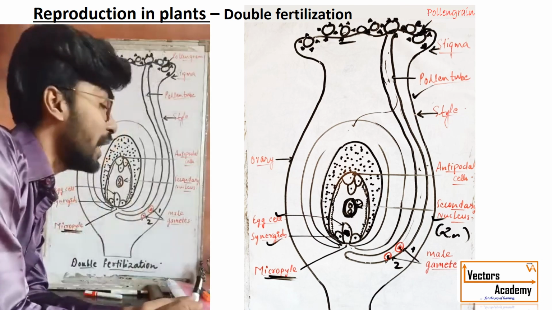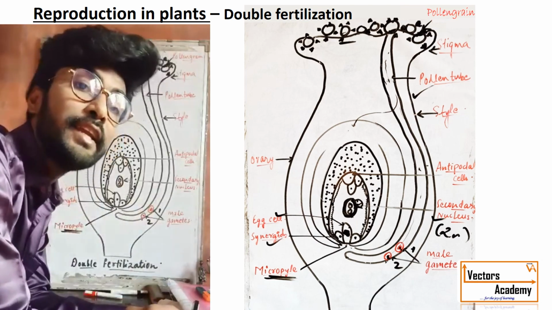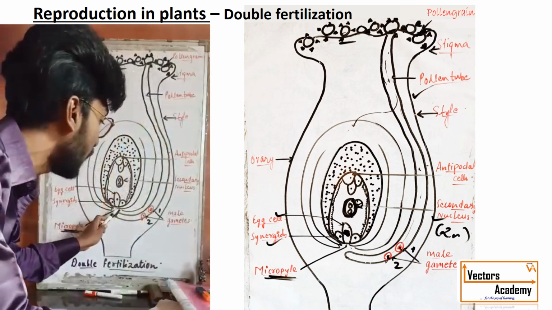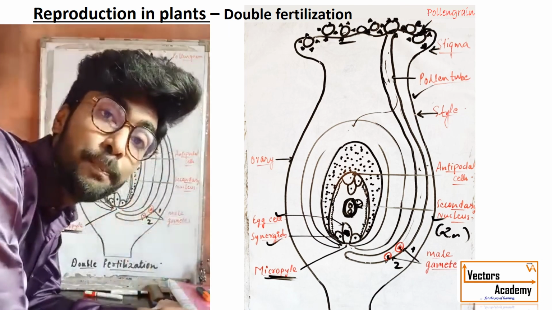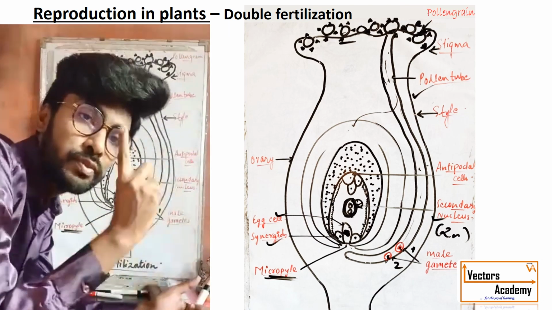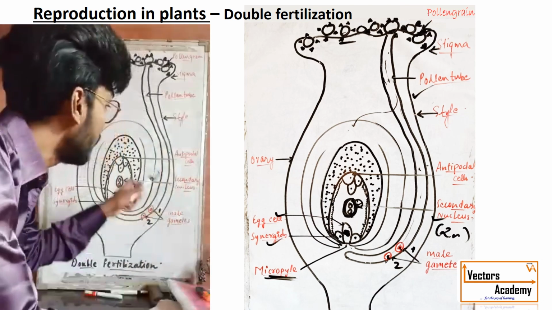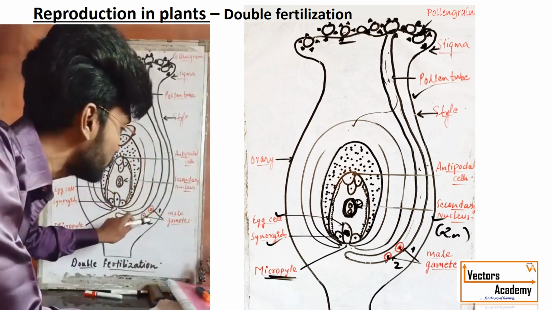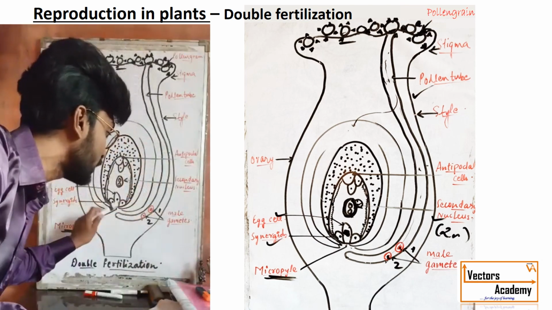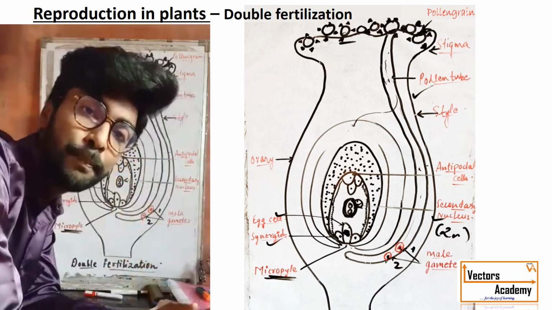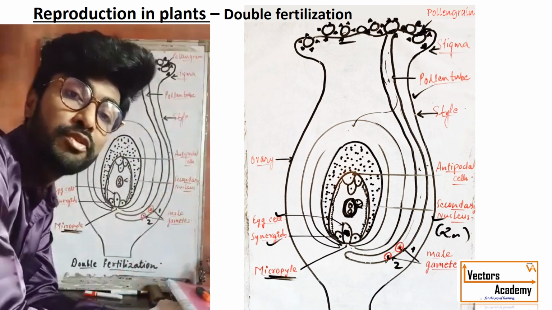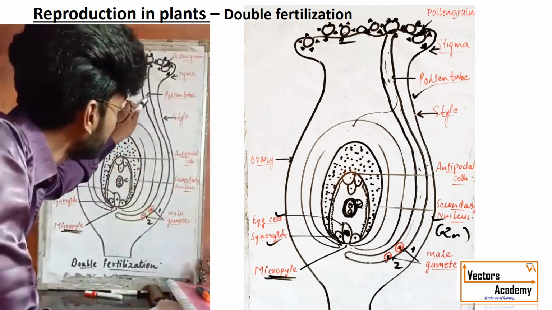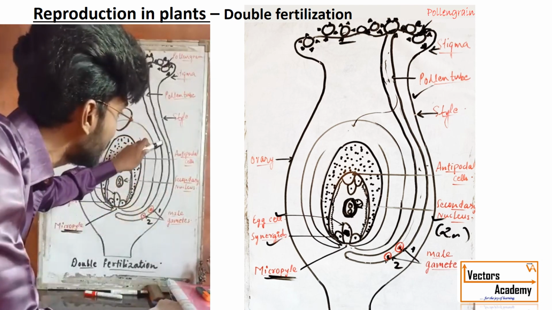The entry of the pollen tube carrying the two male gametes through the micropyle is called porogamy. Pro is first and gamy is marriage.